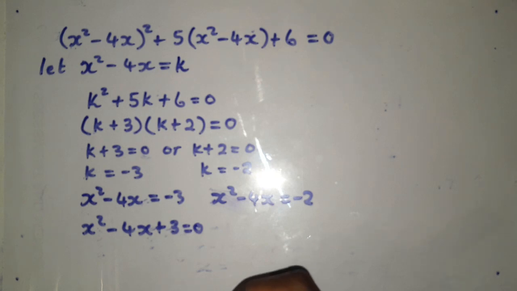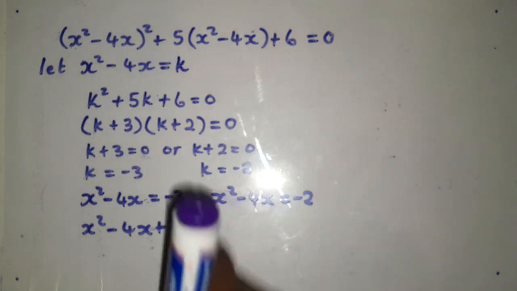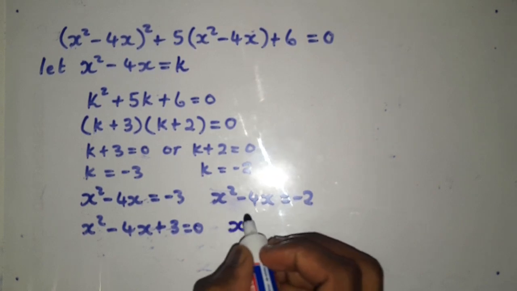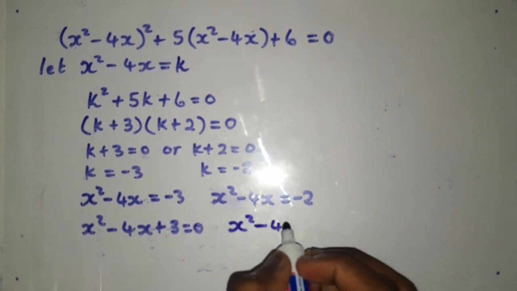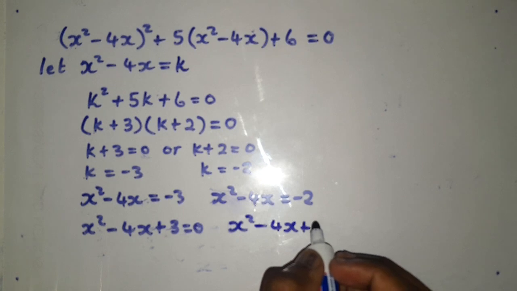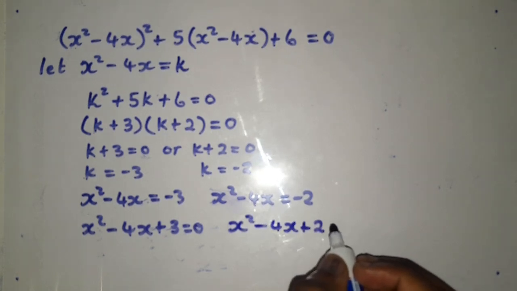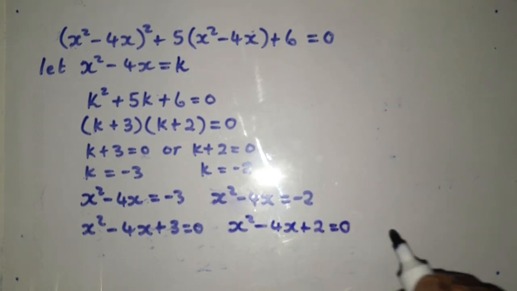I won't have enough space, but let me transpose this one as well. This side, I'm going to have x squared minus 4x plus 2 equals 0.